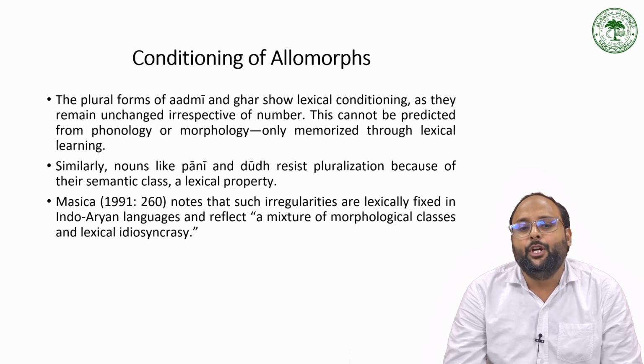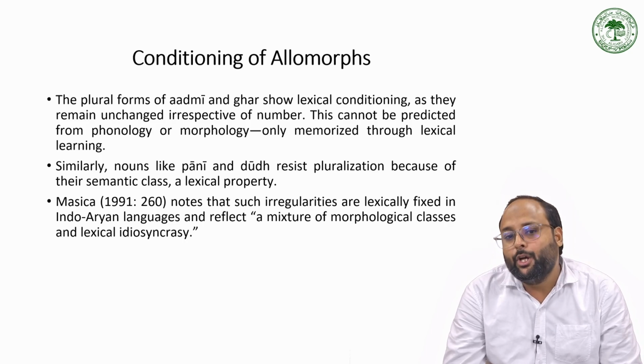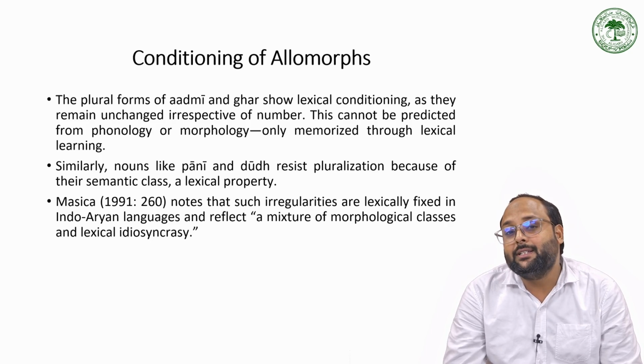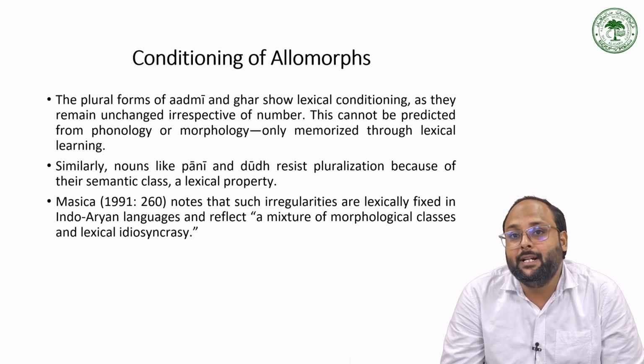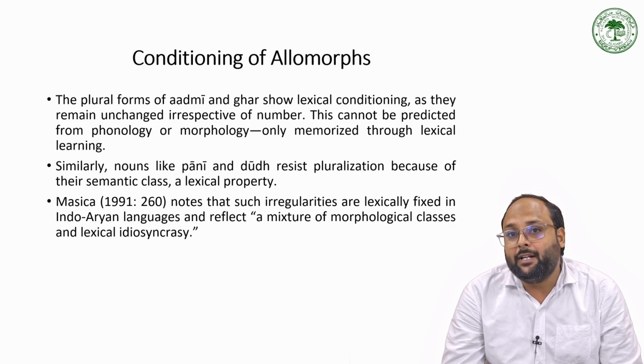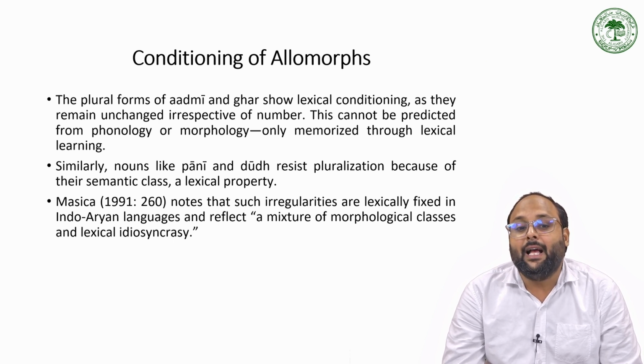That means when you make the plural of pani into pani and doodh into doodh without any change in the form, you can understand the form from the sentence, from the subject, by the use of plural agreement. That is why it is also called morphological conditioning. So it is a mixture of morphological conditioning and lexical conditioning.